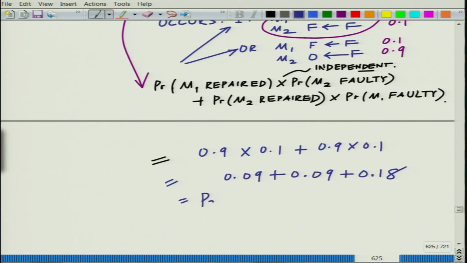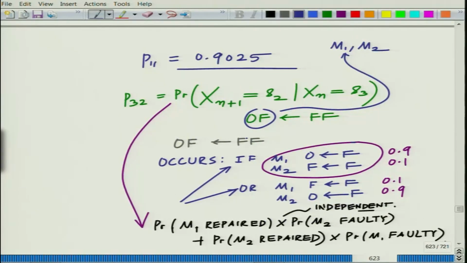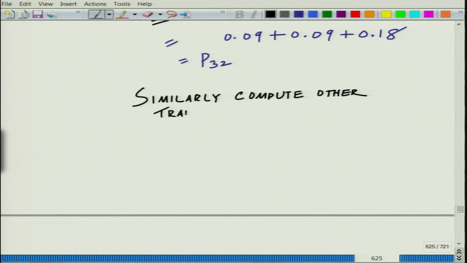This is the probability that X(n+1) equals S2 given Xn equals S3. Similarly, you can compute the other transition probabilities.